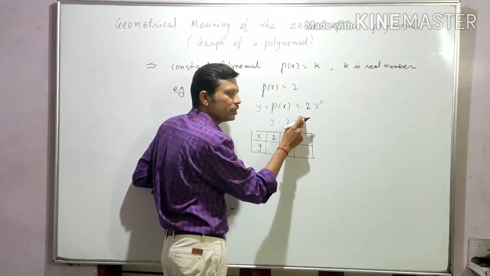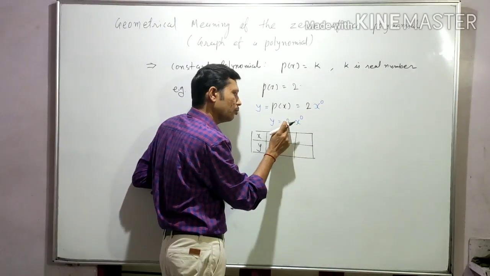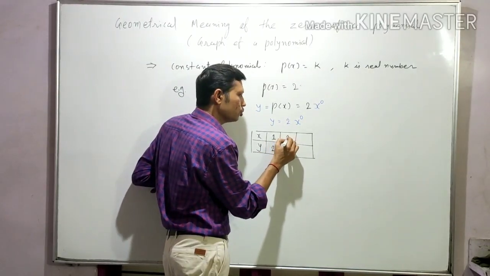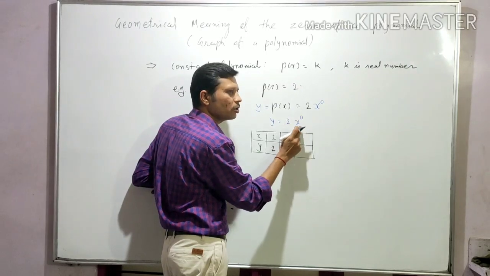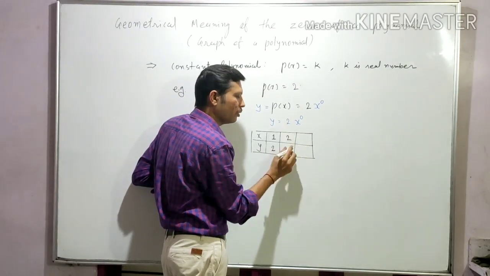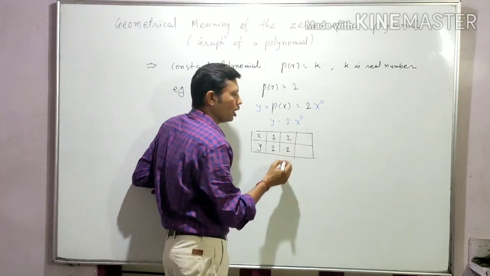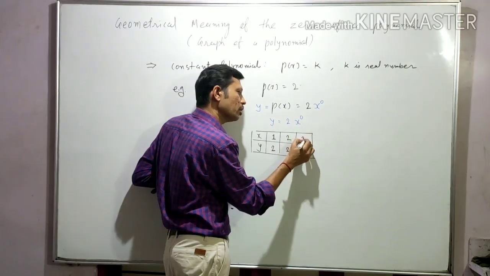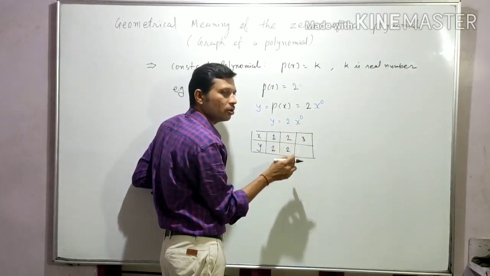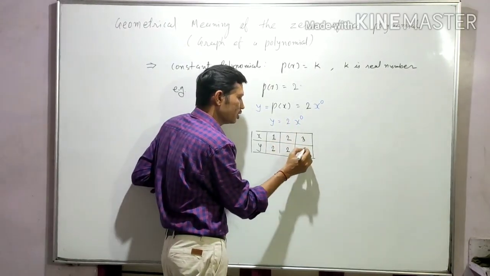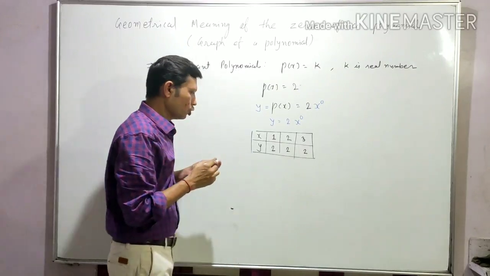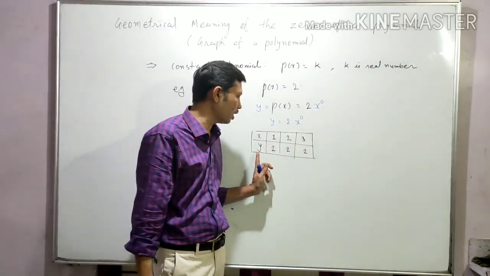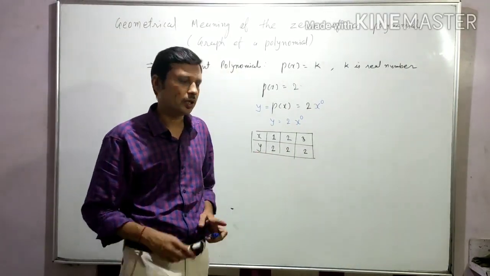So 1 to the power 0, answer is 1, and multiplied with 2, so the answer is 2. Suppose I am taking 2, so 2 to the power 0 is 1. Again multiply with 2, so the answer is 2. Again, when I take the x value 3, 3 to the power 0 is 1, multiply by 2, again it's 2. So here you can understand, right? We are taking different values of x, but the value of y remains constant, unchanged.